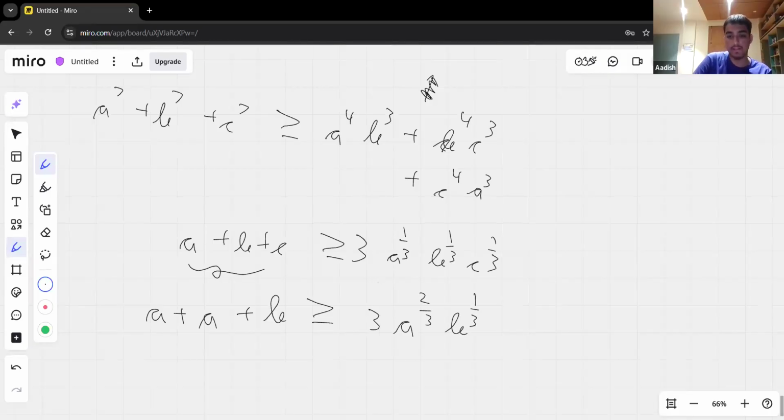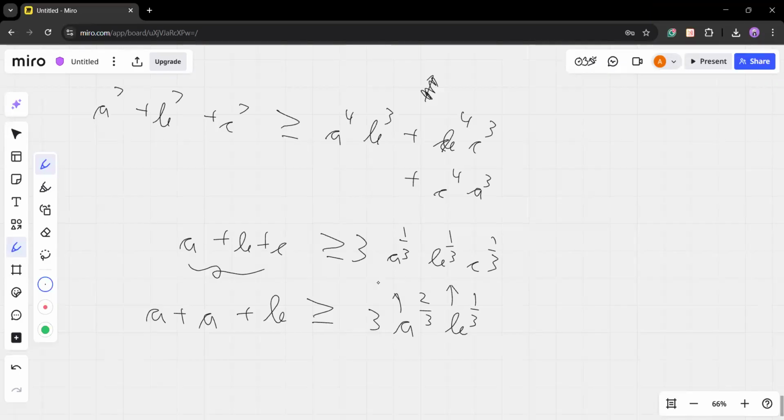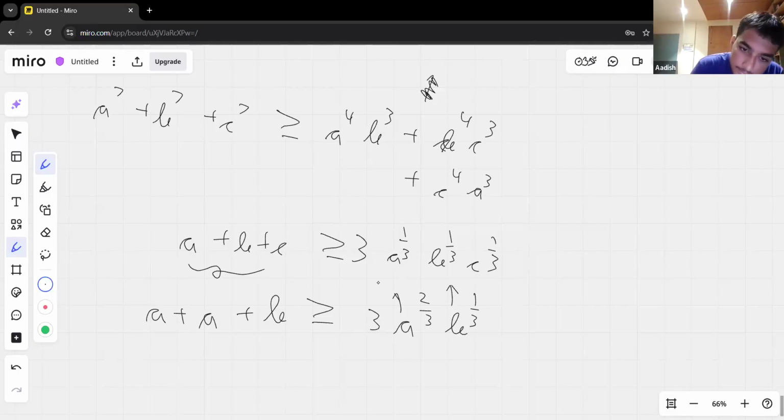This is also valid AM-GM, and it allows you to have a and b with different powers, right? People in chat already see it.